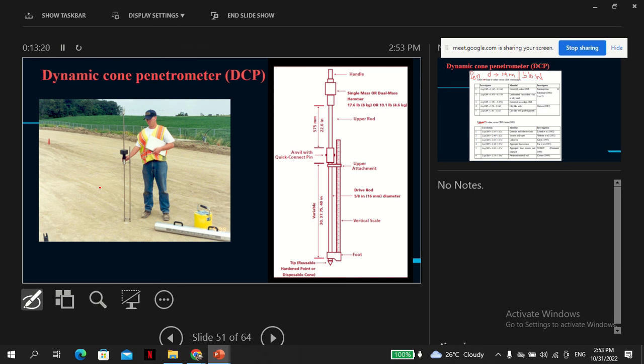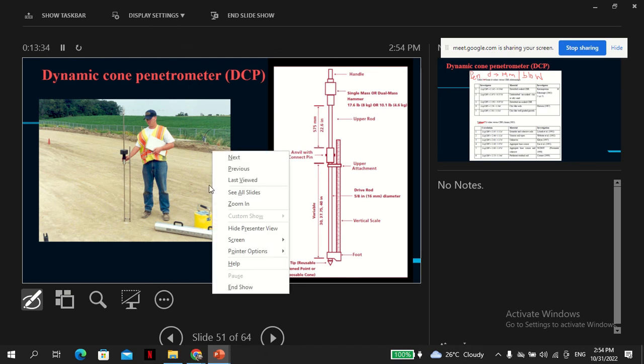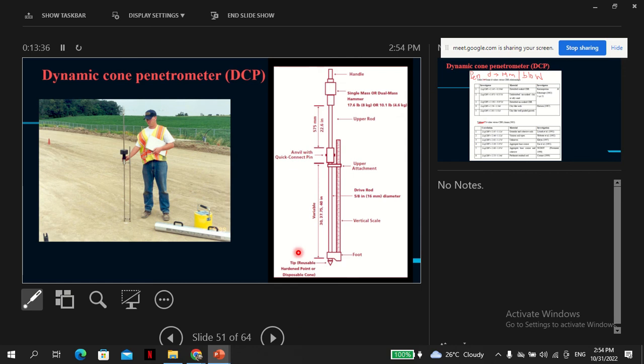And eventually, geotechnical engineers or foundation people think that because it's measuring resistance, we can also use it to somehow tell the quality of the foundation soils.